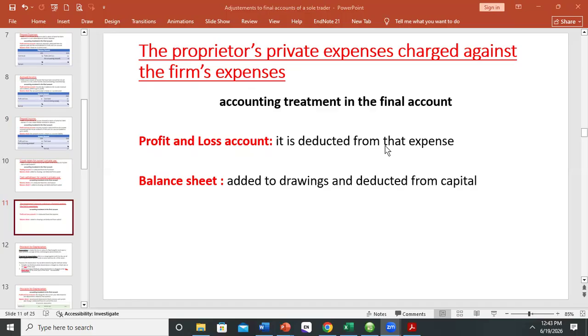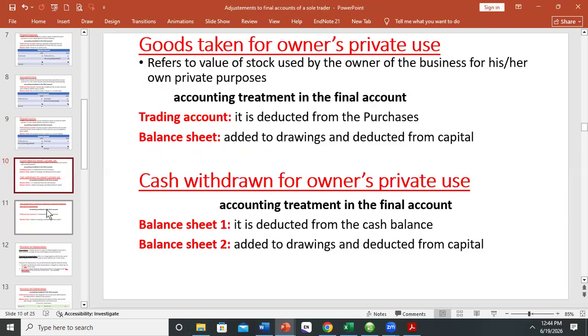Whatever expense it is, you subtract. And again, in the balance sheet, you treat it as drawings. So number 5, 6, and 7 are all drawings, right? So you can appreciate them being subtracted from the capital under the finance by. But if the owner took goods, subtract it from purchases as well. If it is cash, subtract from cash. Even if he went to the bank to withdraw from the business bank account, subtract from the bank balance.